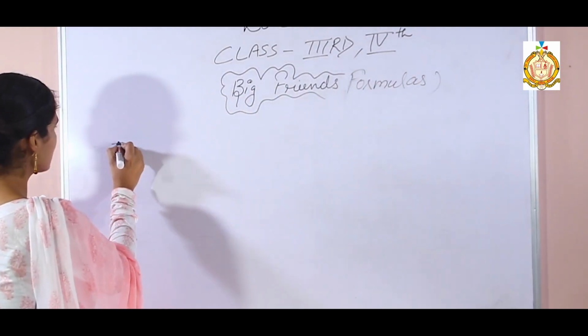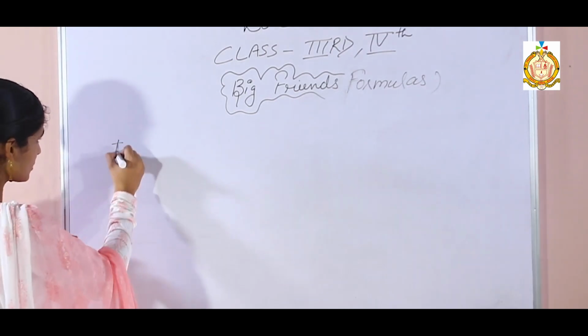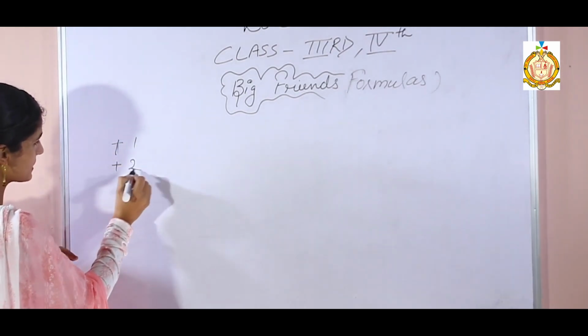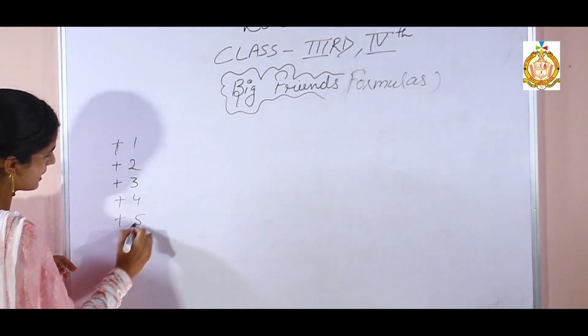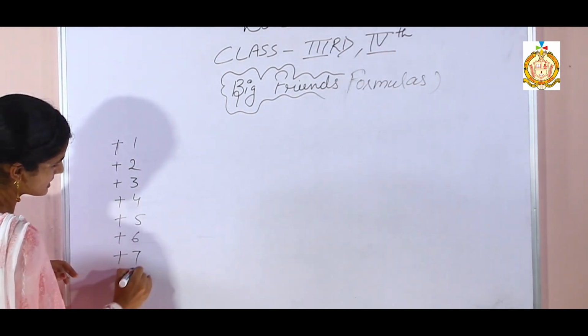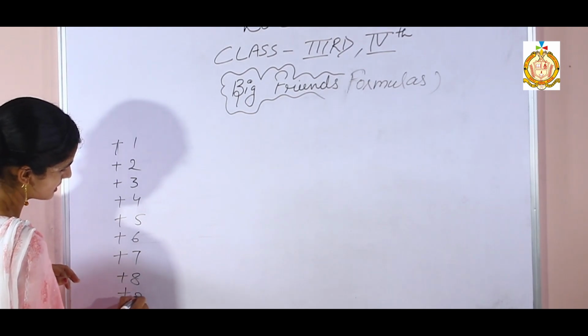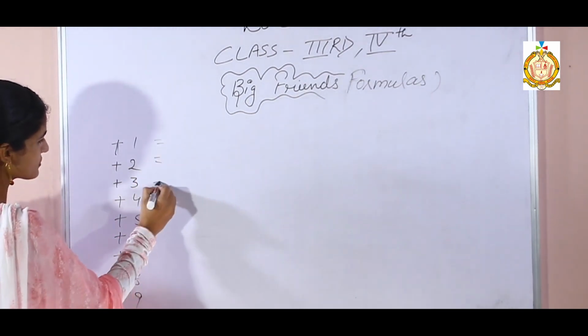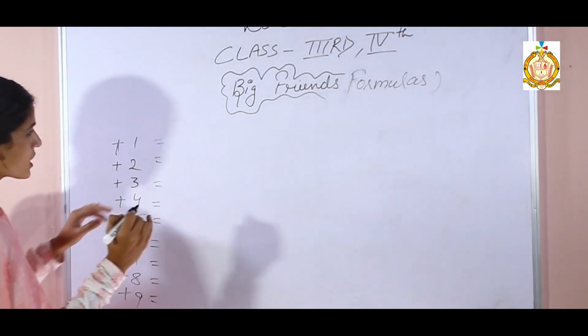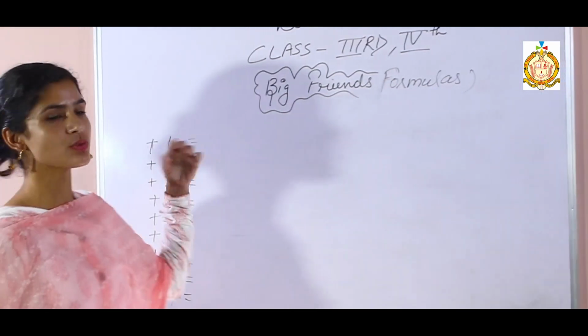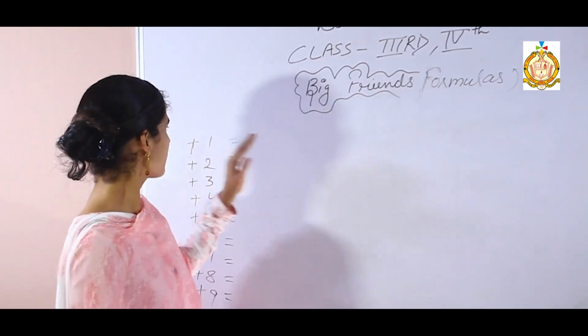Now write your big friends here. Plus 1, plus 2, plus 3, plus 4, plus 5, plus 6, plus 7, plus 8, plus 9. So formulas we have to write. So what is the formula of plus 1 in big friend?